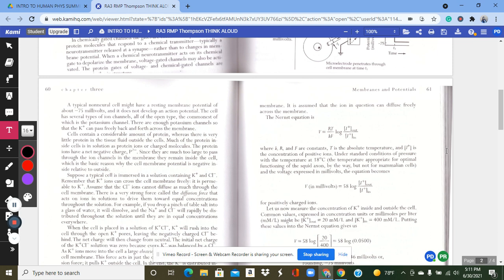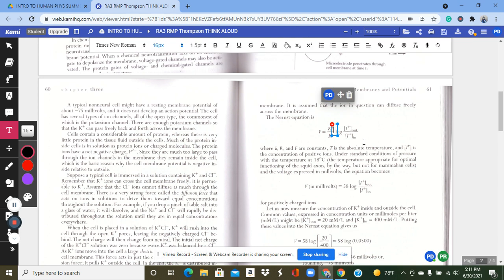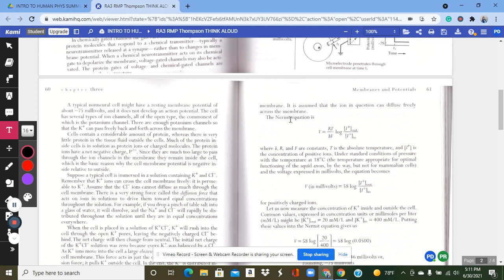Okay. So T, obviously, that's the temperature in Kelvin. So if you're given the Celsius, all you have to do is just add that number to 273.15.